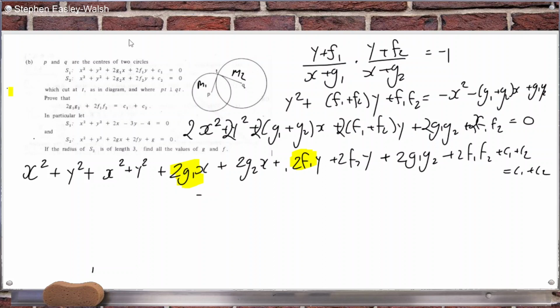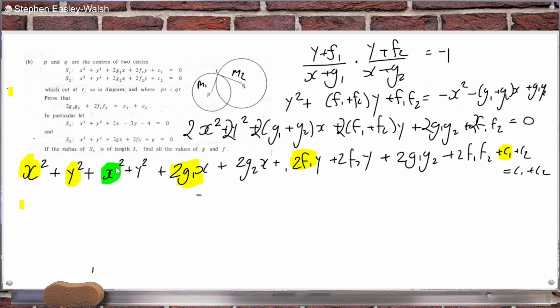Now I've got x squared plus y squared plus 2g1x plus 2f1y plus c1, which should add up to 0.